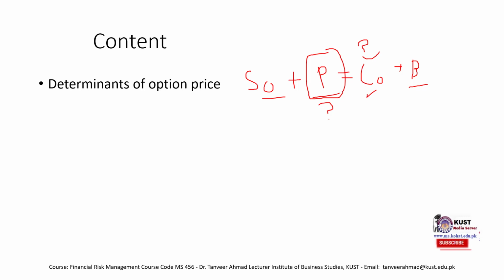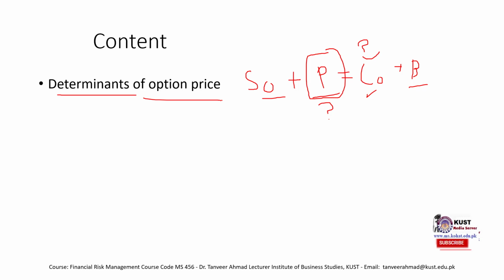That is one shortcoming, and the second is that there are certain factors that affect the price of the option, the premium of the option, and this model does not take those factors into account. So first we are going to understand what those factors are that affect the premium. I mean, why the premium of a certain option should be higher, and why the premium of another option should be lower.